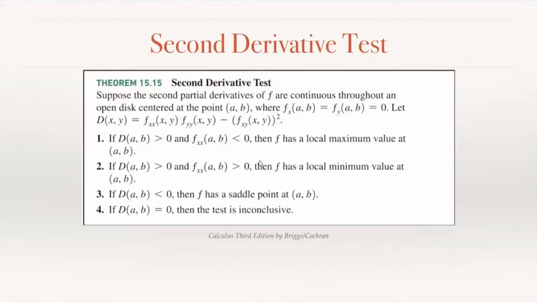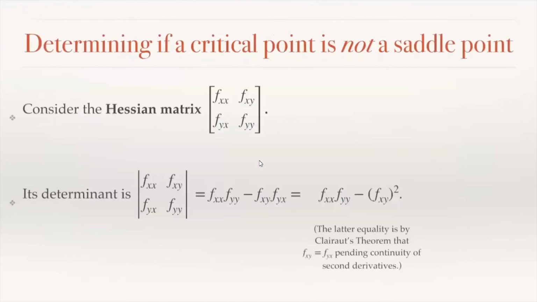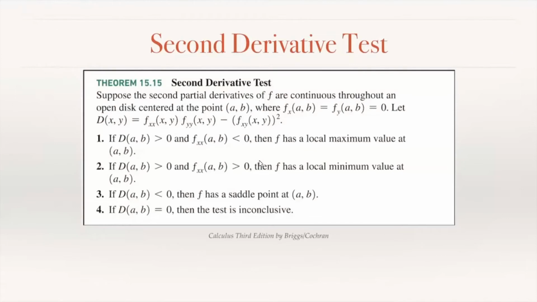And here's our theorem, the second derivative test. Suppose that the second partial derivatives of a function are continuous throughout a region about our critical point (a, b). Let D of x, y be the determinant of the Hessian matrix that we just defined. Then if D is positive, we are in the case where the mixed terms are weak and there is no overriding, and it is a local minimum or maximum.